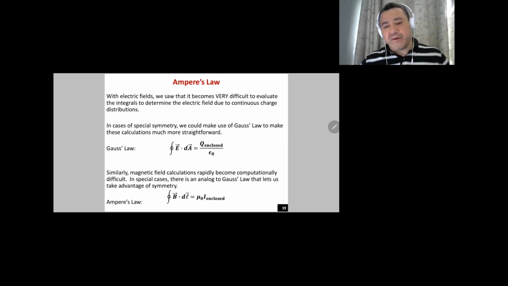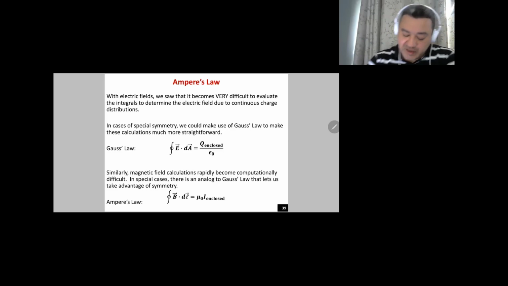We make use of the symmetrical distribution of the current, and then we take a closed path, such that the integration of the magnetic field along this closed path will give whatever current is captured by this closed path, or crossing this path, times mu naught.